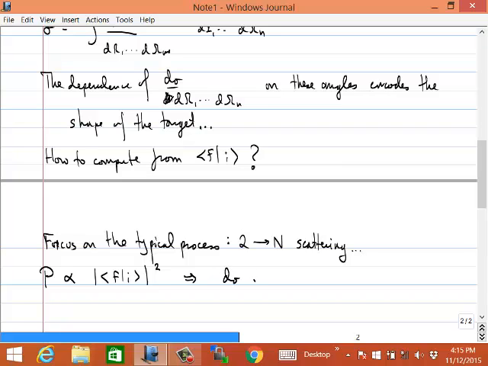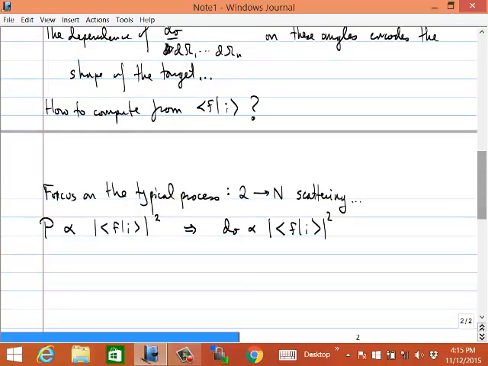So we expect that d sigma should be proportional to the square of this S matrix element. In particular, remember that the initial and final states are characterized by a set of momenta. So for example, your initial state is labeled by 2 momenta that we, I think, called maybe Q1 and Q2 last time, and the final state will be characterized by n momenta, P1 up to Pn.